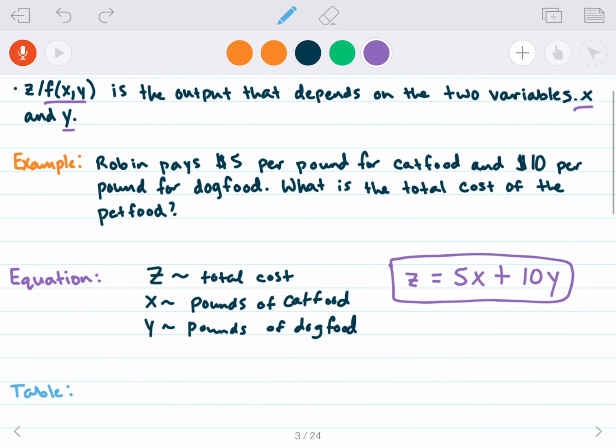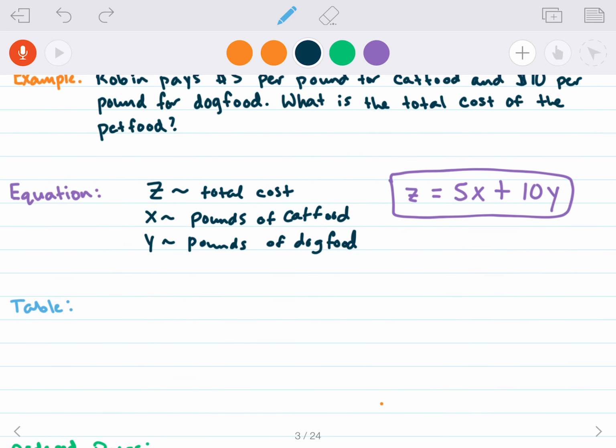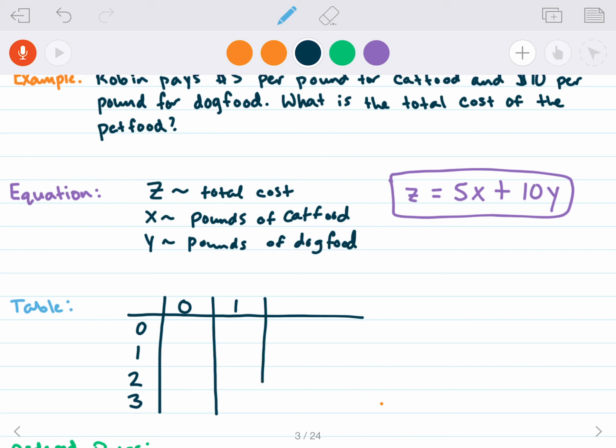So this is what I'm going to do. This is how we're going to tackle this. I'm going to make a row up here, and I'm going to say, well, this is going to be 0, 1, 2, 3. Up here, I'm going to have 0, 1, 2, 3.